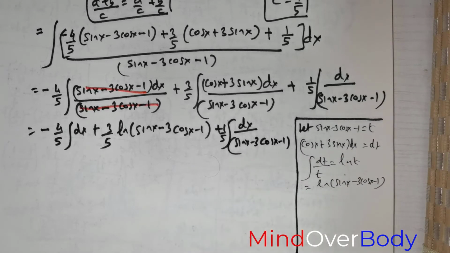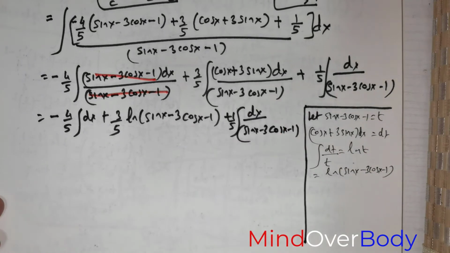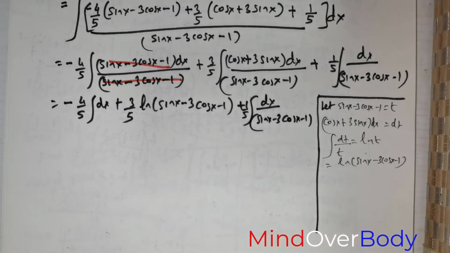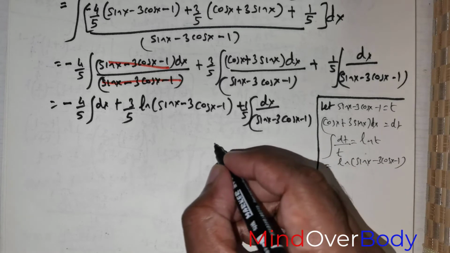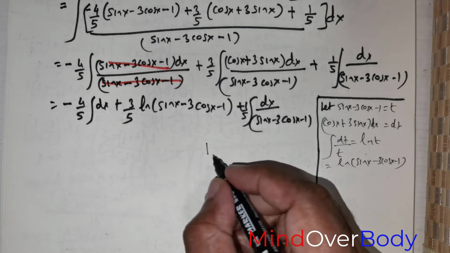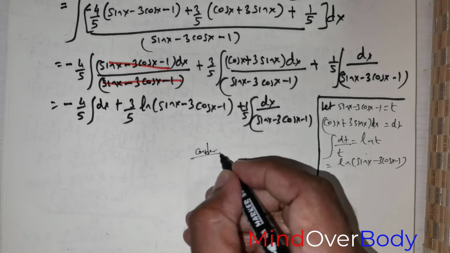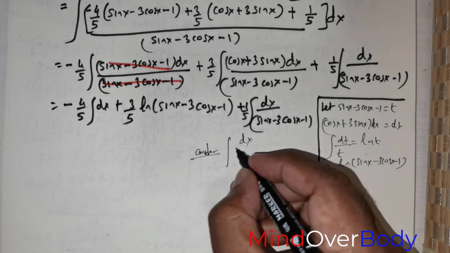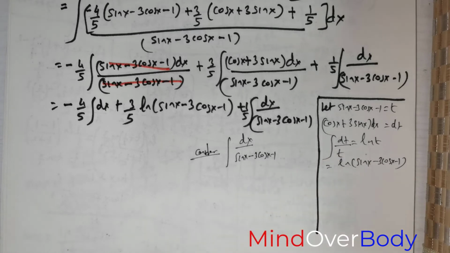Now to integrate this, I have given you a shortcut in the previous question, but anyway, what I will do is I will try to do the integral over here. So let me just consider integral dx over sine x negative 3 times cos x negative 1.